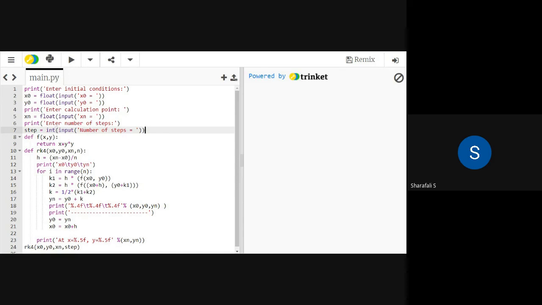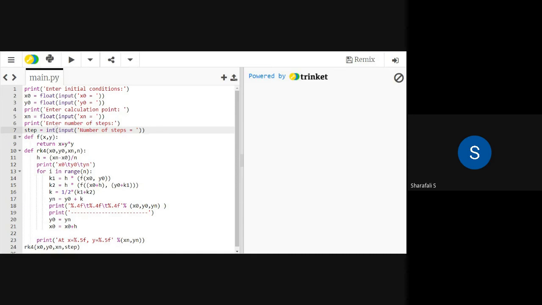For example, if you want to know the value of y at 1, the initial point is x equal to 0, and you consider step size h equal to 0.1, then you will have number of steps equal to 10. First it will be 0, then incremented by h, that is 0.1, then 0.2, 0.3, 0.4, and so on.